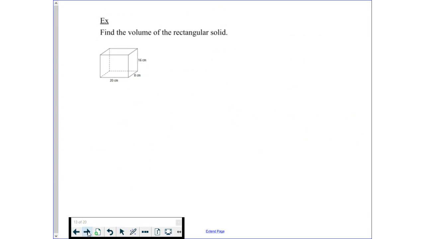Excellent, Chico. So the unit is now centimeter cube. So all you have to do is volume equals length, width, and height, which is 20 times 8 times 16, which is 2,560 centimeter cube.